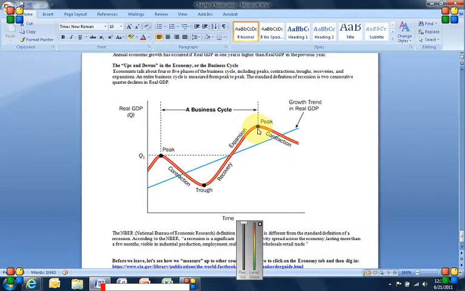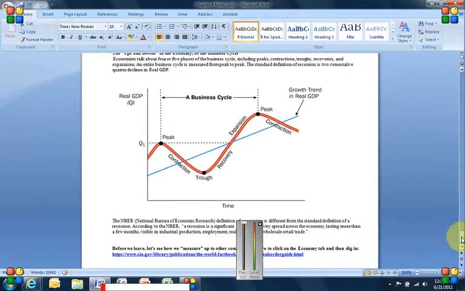The high point before a downturn is known as a peak.